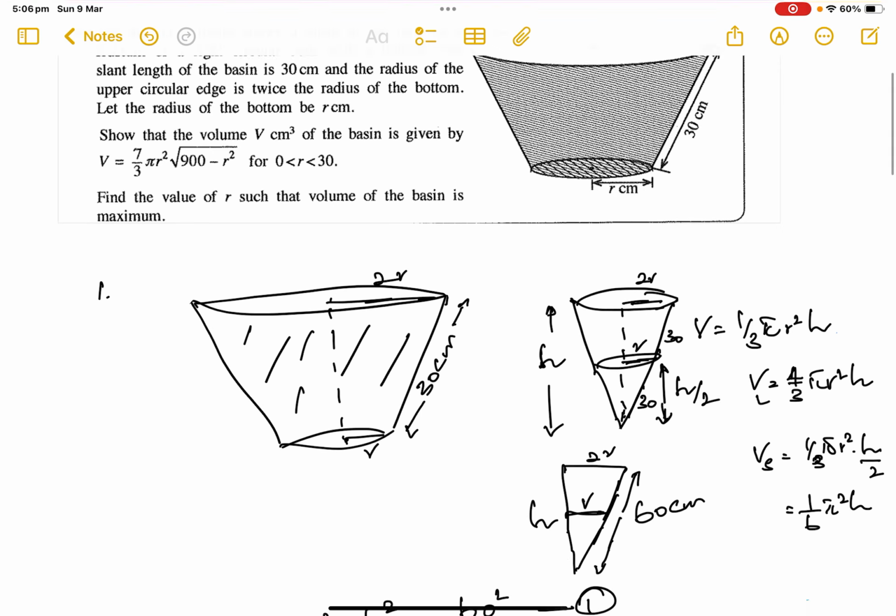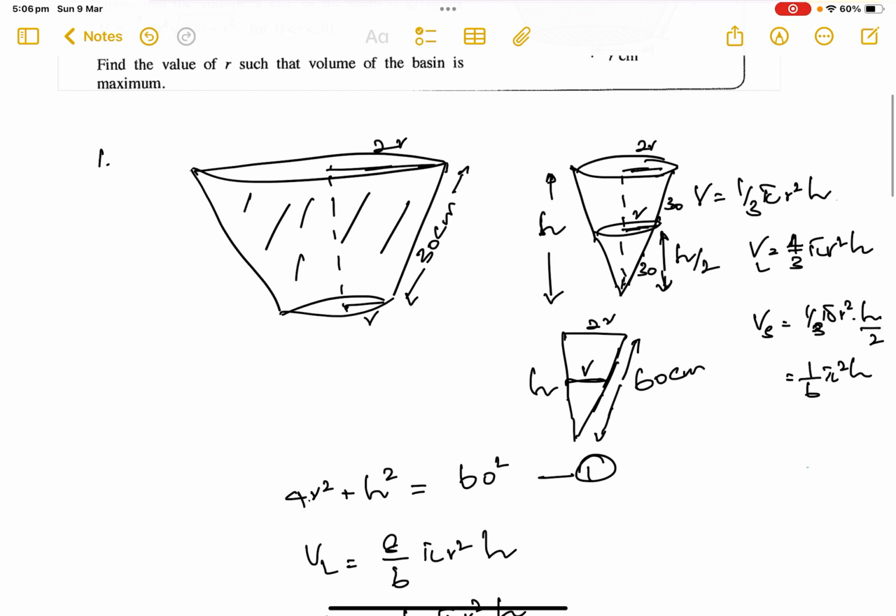Okay, I have resketched the diagram given. It is a frustum, in other words the bottom section of a cone. The large radius is 2r, the small radius is r, and the slant distance is 30 centimeters. I have sketched the complete cone, with its height called h, and radii r and 2r.